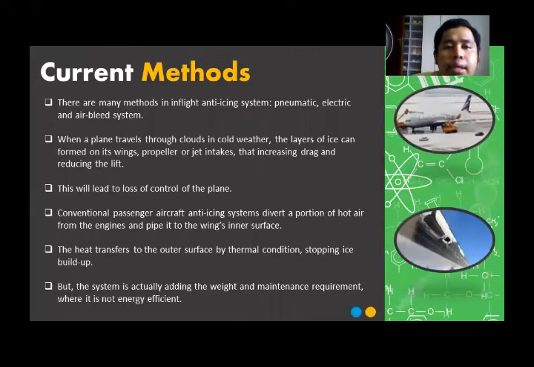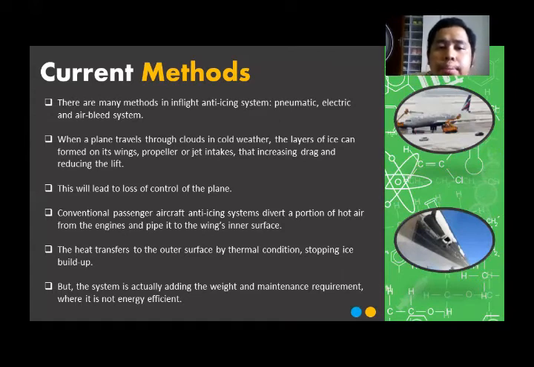So the current method is actually, there are many methods in implant anti-icing systems, such as the pneumatic, electric, and air systems. So in general, when a plane travels through clouds in cold weather, a layer of ice can form on its wing, propeller, or jet intakes, increasing the drag and reducing the lift. This will cause loss of control of the plane.